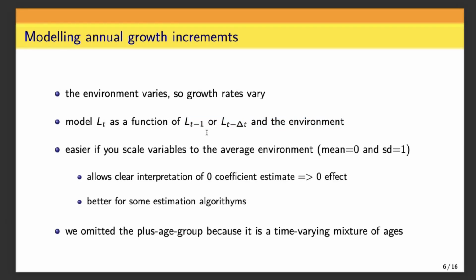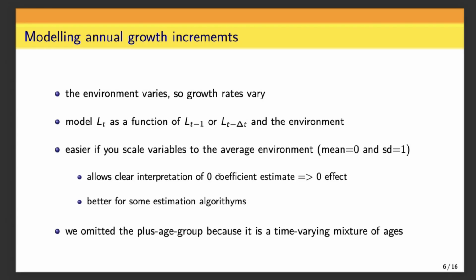It's easier if you scale the variables to the average environment so that those predictor variables have mean 0 and standard deviation equals 1. I have a citation on this that I'll add. It applies to most demographic and ecological modeling because it allows a clear interpretation of a 0 coefficient estimate. That means that you have 0 effect, so a deviation from the average environment means nothing if there's a 0 coefficient estimate.